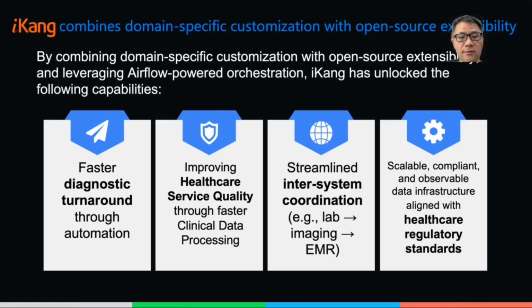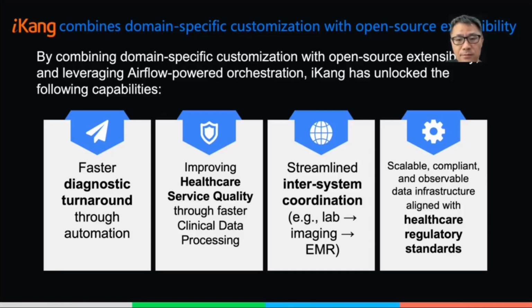First is faster turnaround. Through workflow automation, we achieved faster diagnostic turnaround. Meanwhile, we also improved the service quality by having several workflows monitoring the service quality metrics. We have not only made the services faster, but also better in quality. Third, Airflow helps us to streamline various system coordinations, like the demo Huiliang just showed.